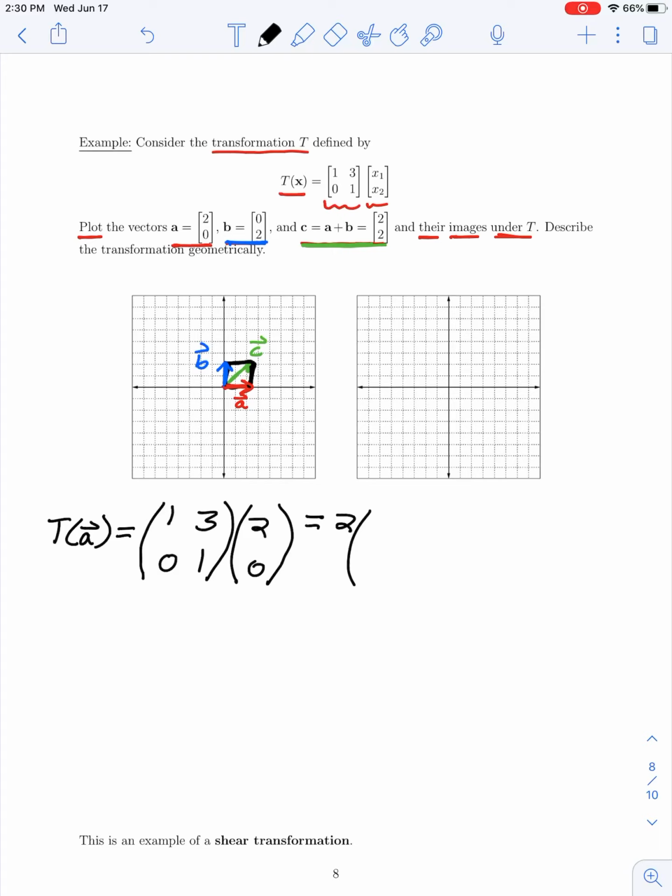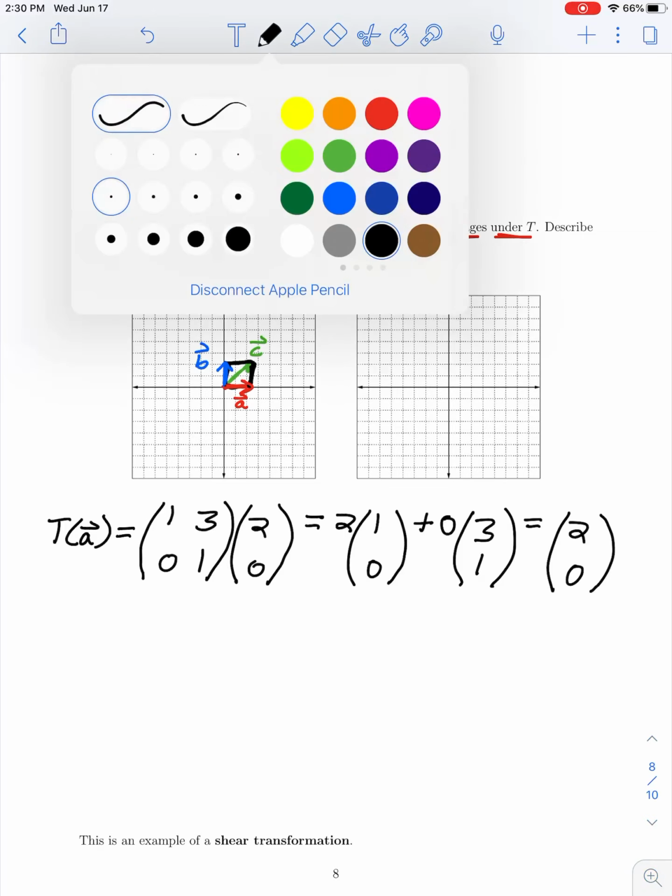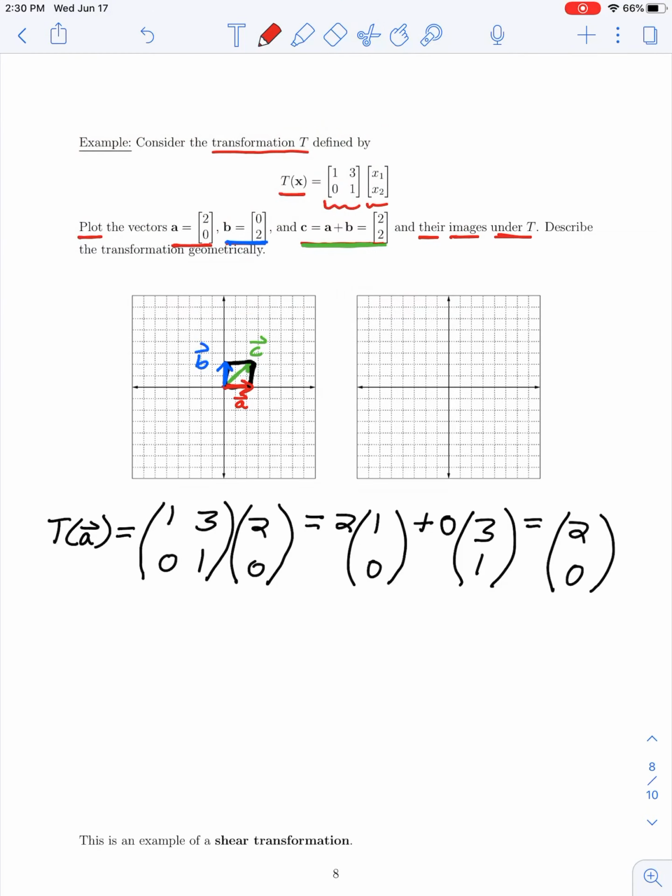So we have 2 times the first column, (1, 0), plus 0 times the second column, (3, 1). So this leaves us with (2, 0). So the image of the vector A, which I had shown in red, is (2, 0). So it is its own image under this transformation. We have T of A.